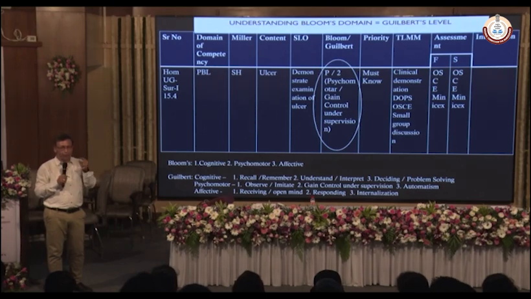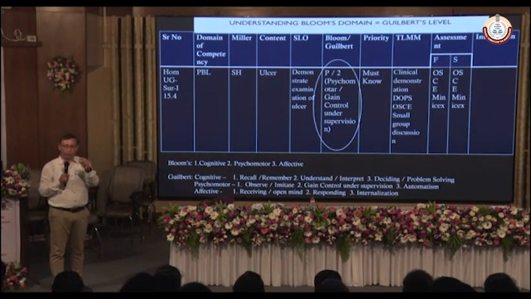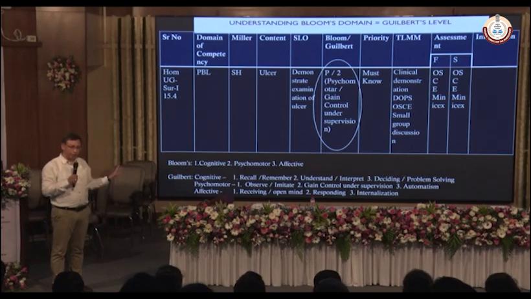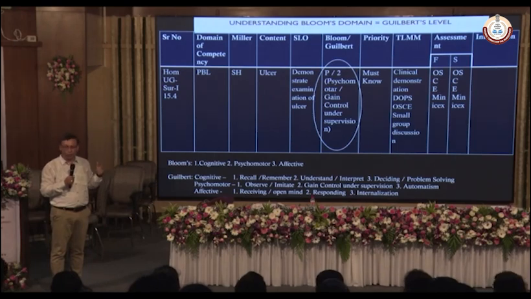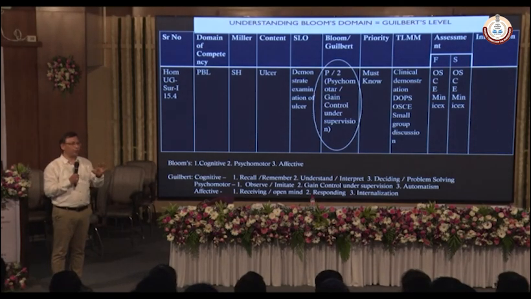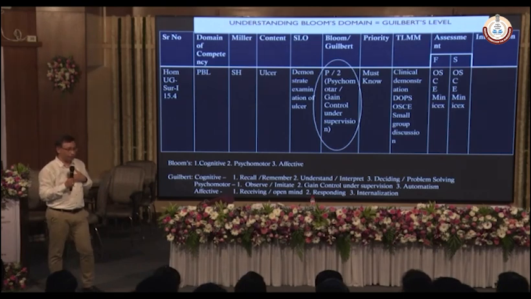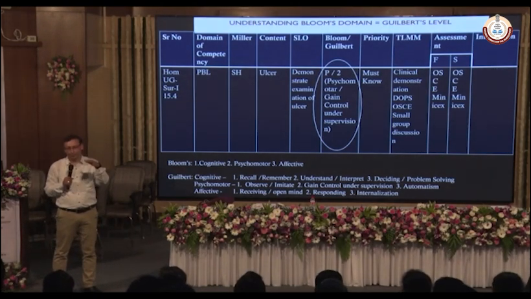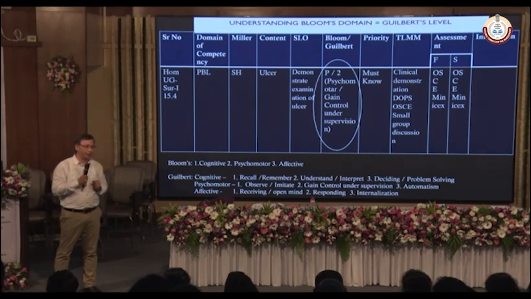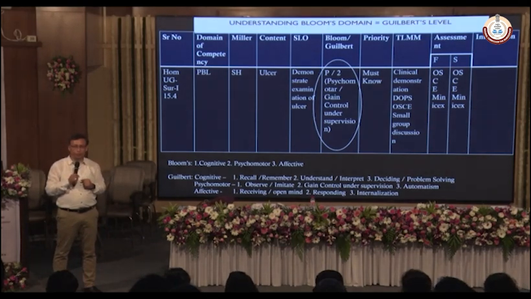So for each particular SLO, you define at what level you want to teach a particular topic. Why do you define it? Because the assessment should be according to whatever you have taught. It should not be that I have not taught how to introduce Ryle's tube, and in the exam I ask the student to demonstrate Ryle's tube insertion.